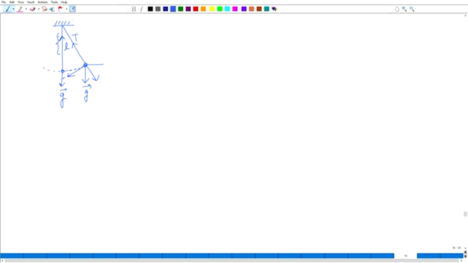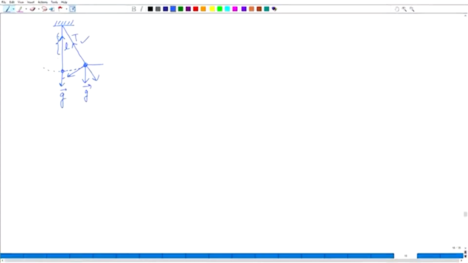Now, what is the origin of this force? The origin of this force is the elastic property of the string or the wire. That is the property which maintains the length of the wire. If you want to deform it by adding this mass, the string actually protests any change of the length.